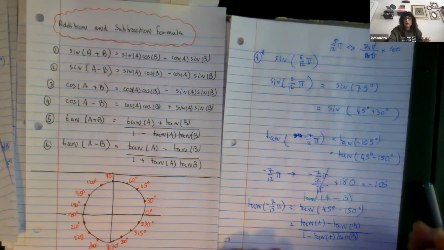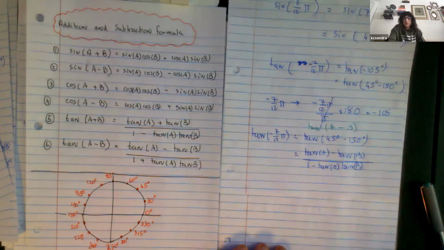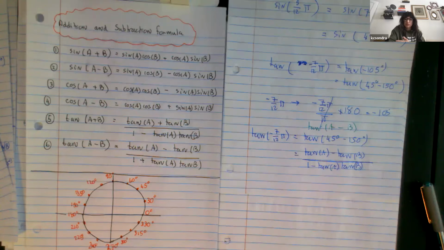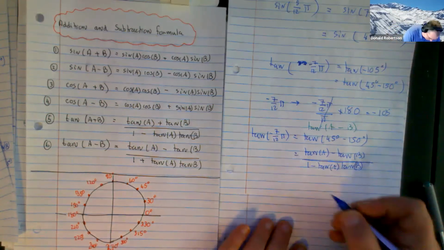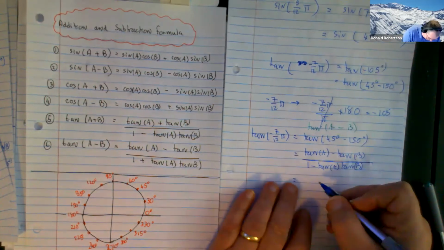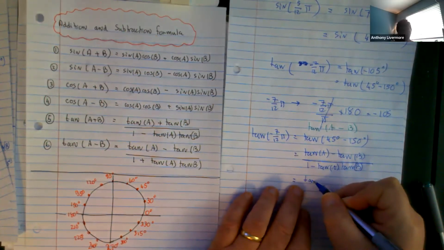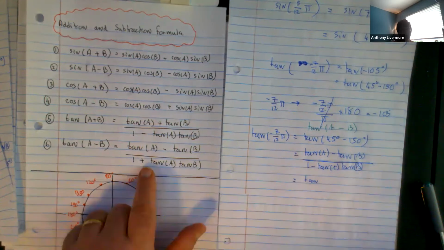So in this case, instead of the tan of a number minus a number, could we do the negative tangent of 60 plus 45? I'm trying to do that in my head. Yes. And isn't the formula 1 plus tan A tan B on the bottom? Thank you.